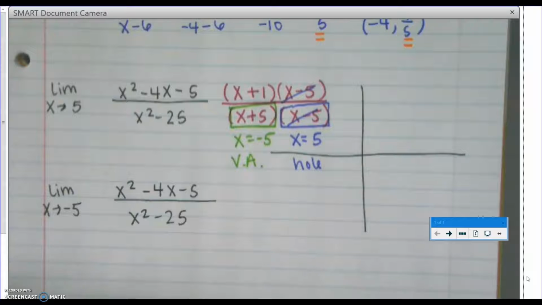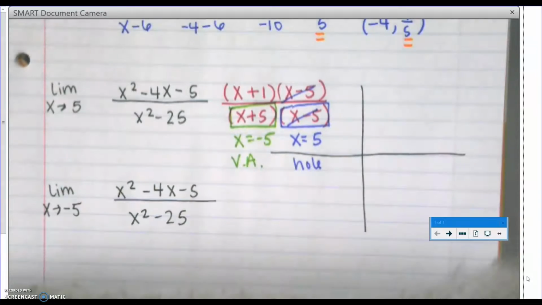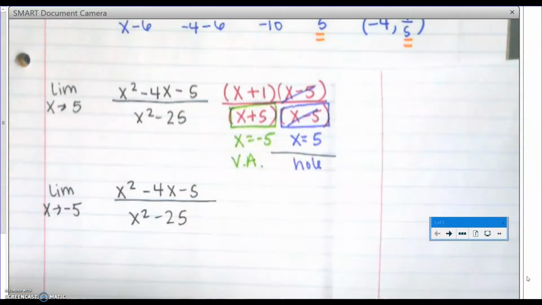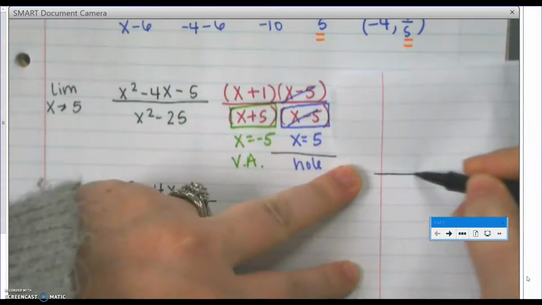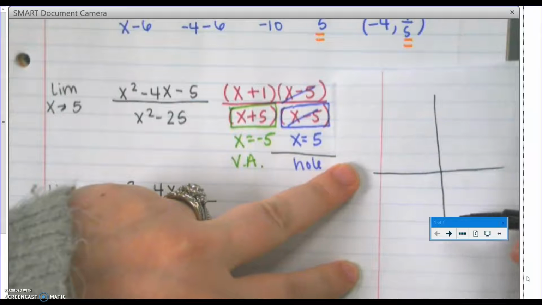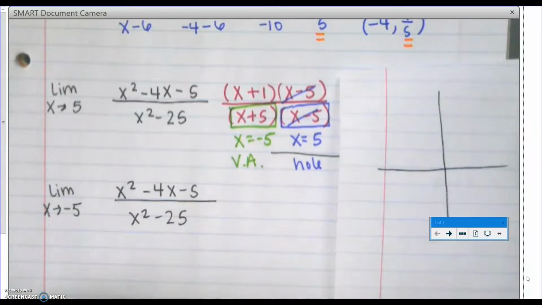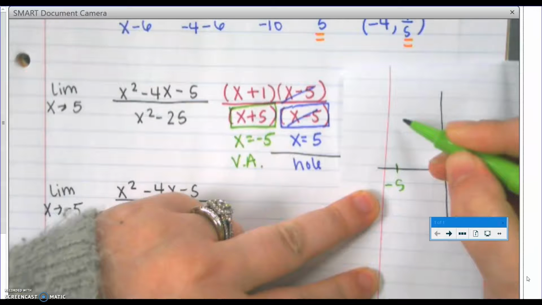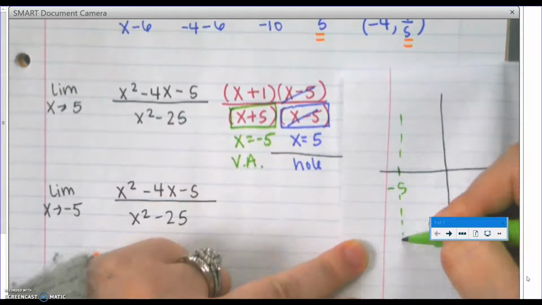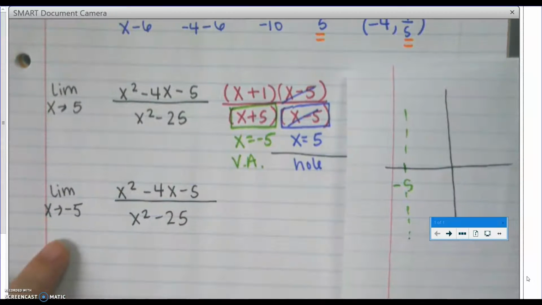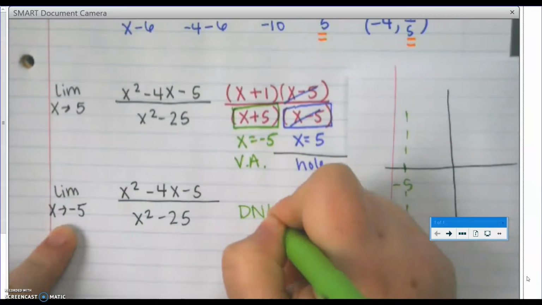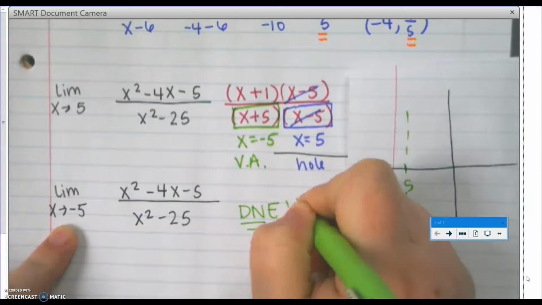Actually, I did not leave myself enough room. So I'm just going to sketch the graph here. All right, so at -5, I'm going to have a vertical asymptote, which means the limit as x approaches -5 does not exist.